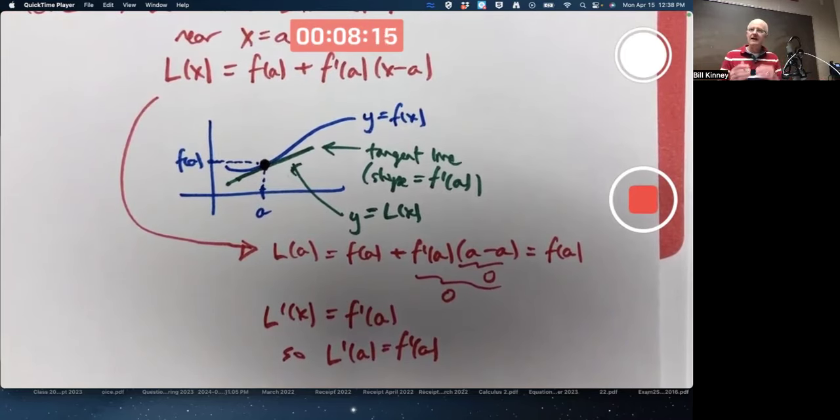Okay, so this function L of x matches the function f at x equals a in two ways. They match function values and they match slopes. And what that means is it's probably a good approximation to f near x equals a. We will do an example. But before we do an example, let's generalize this.